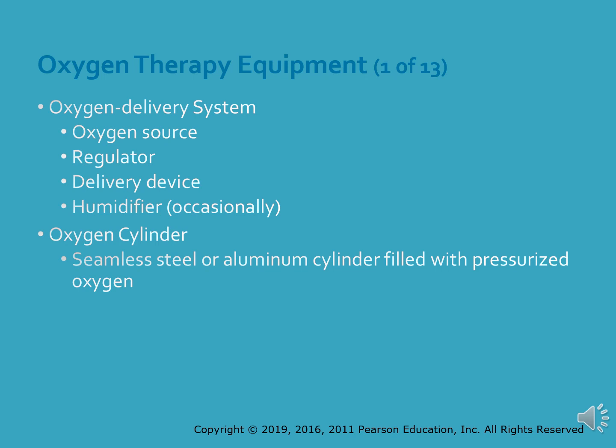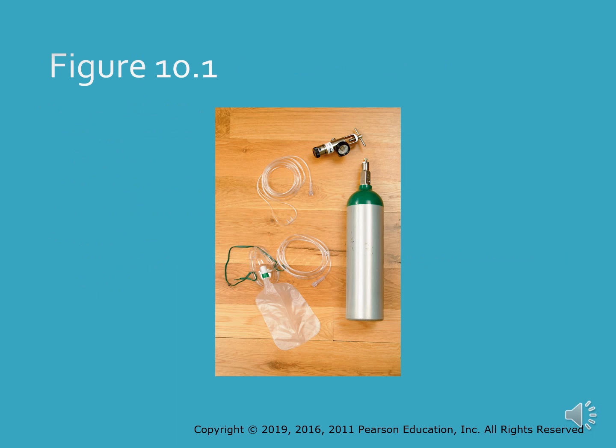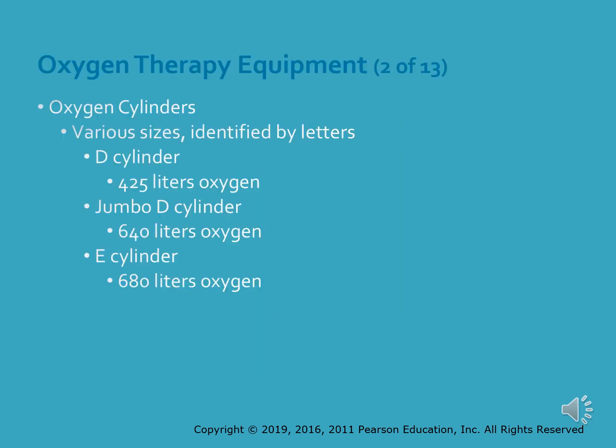The length of time that you can use the oxygen cylinder depends on the pressure in the cylinder and the flow rate being delivered to the patient. Each size of oxygen cylinder has a predefined conversion factor that is used to help determine the duration of oxygen for a given situation. These are the components of a typical oxygen delivery system: the oxygen regulator, cylinder, mask, and cannula.